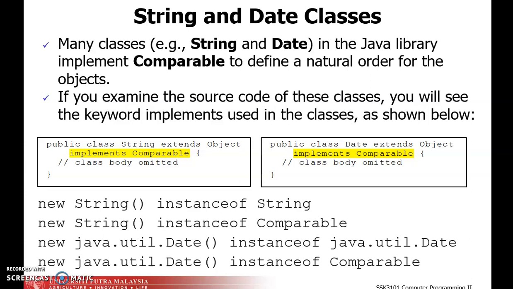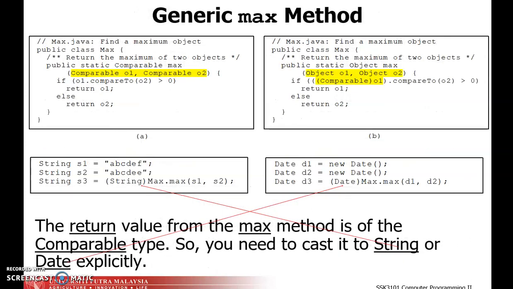We are not going to look into details in this slide, so we go to the next slide. Okay, right guys, the following program illustrates an example of a generic max method implementing the Comparable interface and its compareTo method.